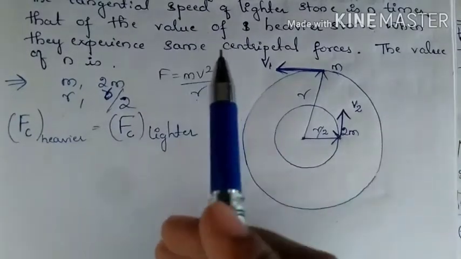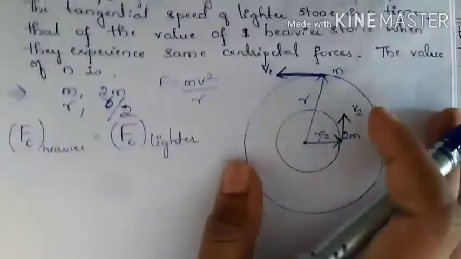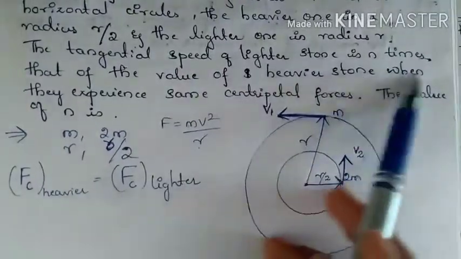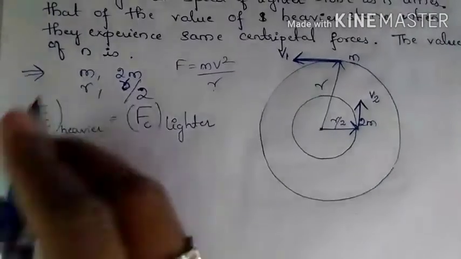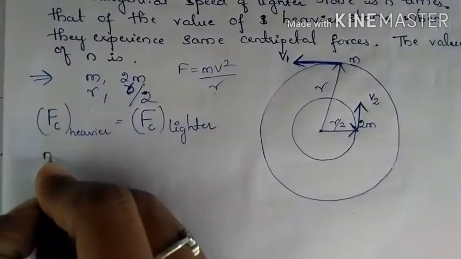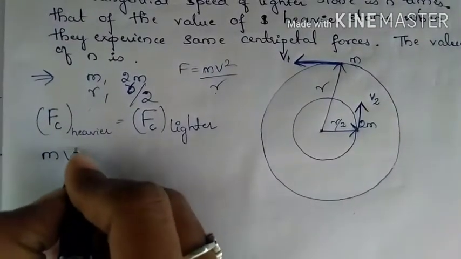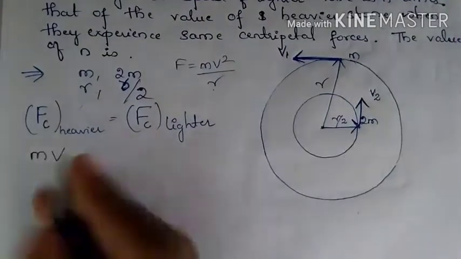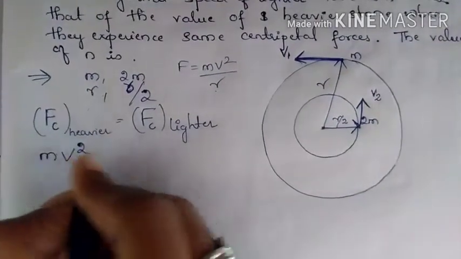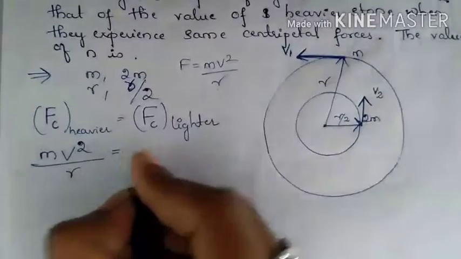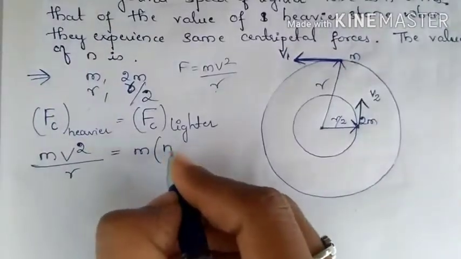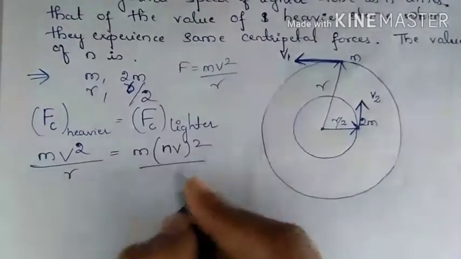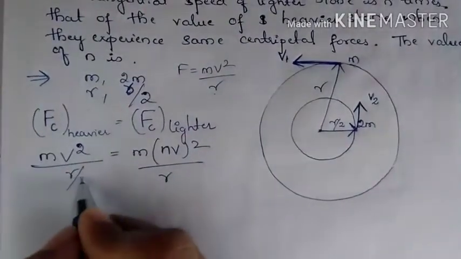Velocity is in the ratio, so the speed of the lighter stone is n times that of the heavier stone. Let me write the equation: mv square by r is equal to n v square by r, and this r is r by 2.